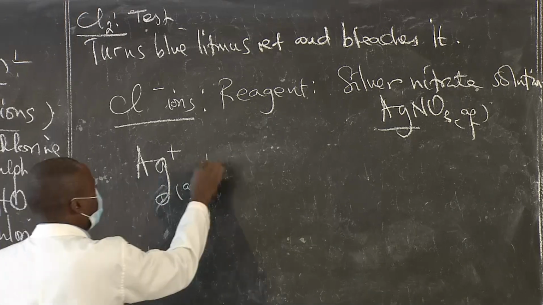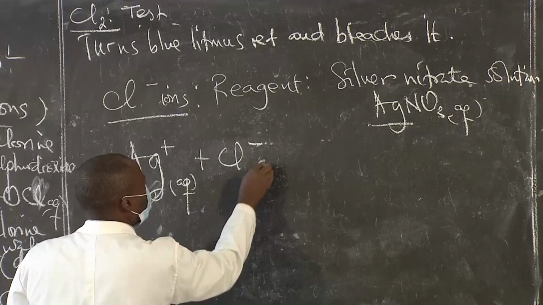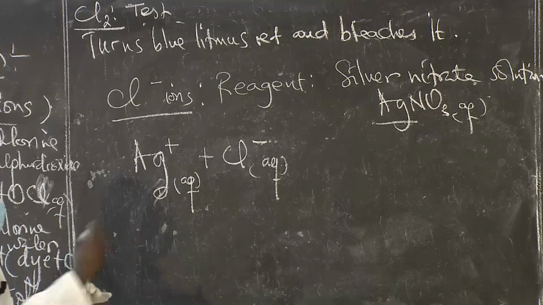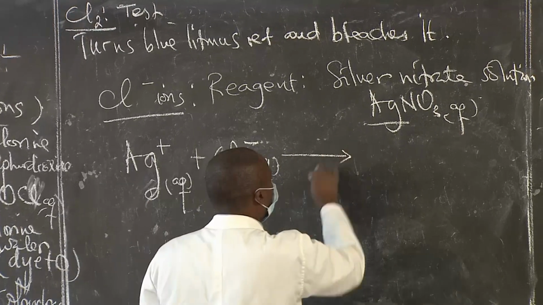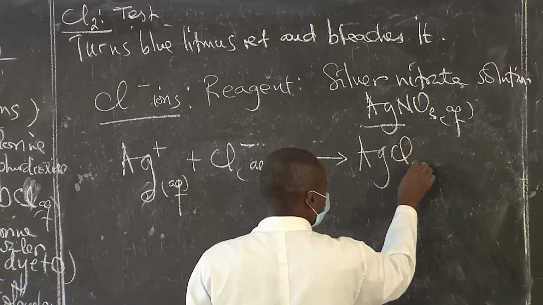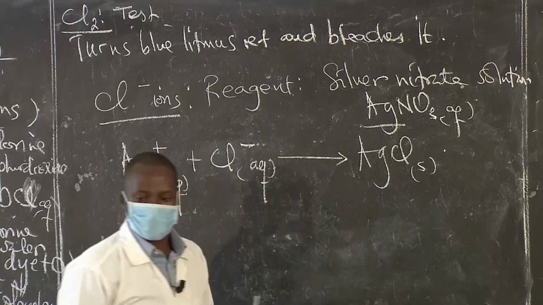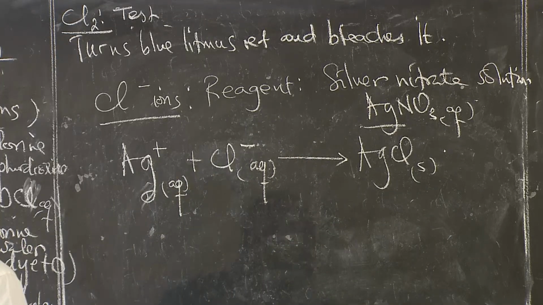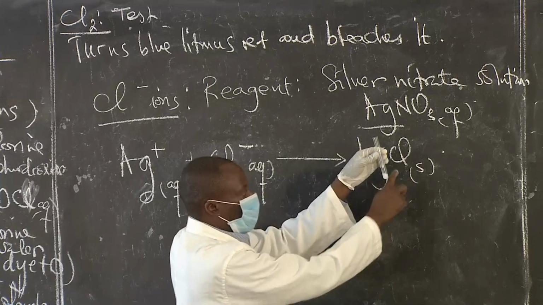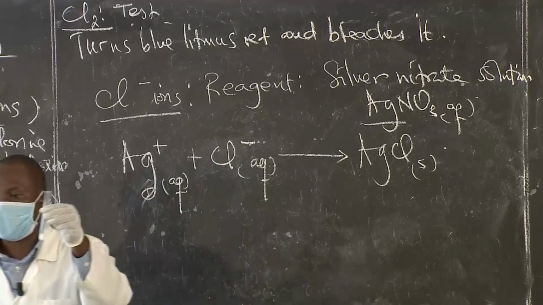Then we add, and they react with the chloride ions. When it reacts with the chloride ions, it will form silver chloride. So the silver chloride is this white precipitate. This one here, it is this white precipitate.